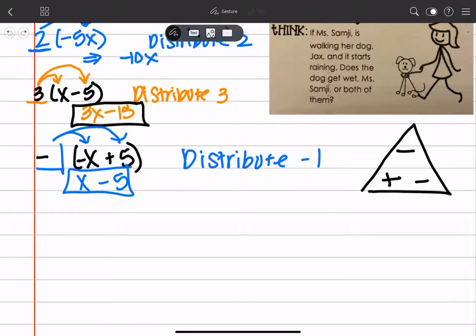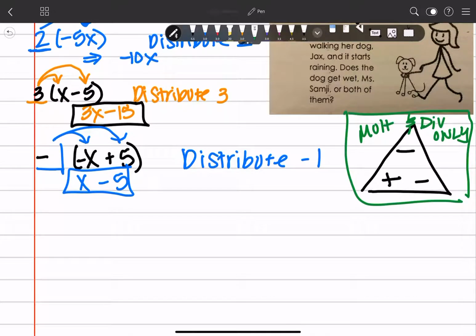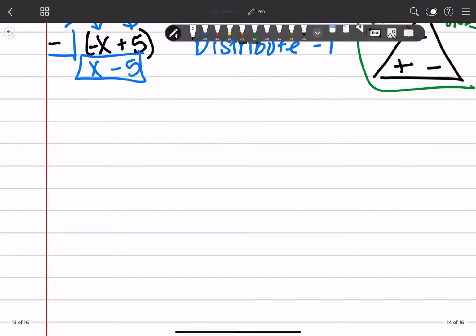So you can use that trick whenever you want to, but again, remember, this is only for multiplication and division only. So if you need it, use it. It's okay. All right, we're going to go ahead and step it up a notch again. And we're going to do this one now.